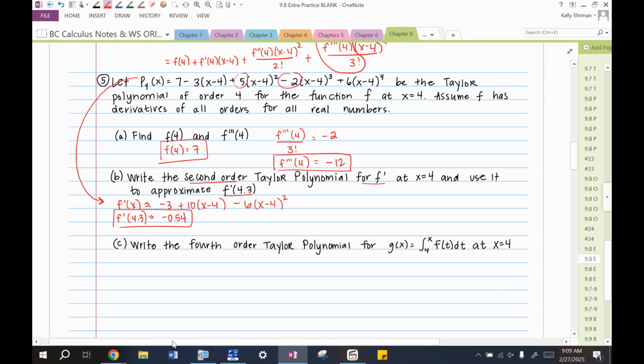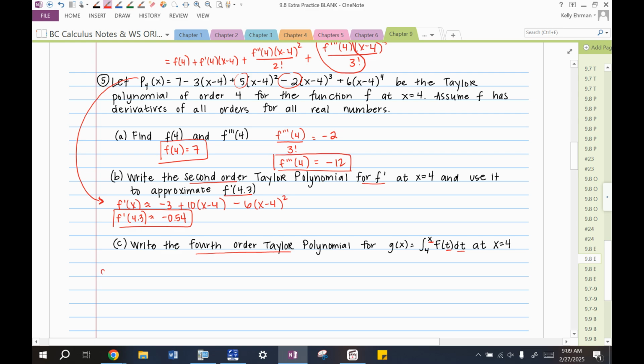All right, now it says write the fourth order Taylor polynomial for g of x, which is the integral from 4 to x of f of t dt at x equals 4. This is just a fancy way to say, hey, you've got to integrate f of x. And remember the reason this is t and dt is it just has to be different than this.